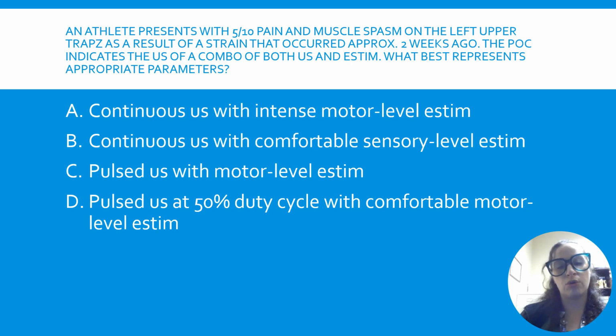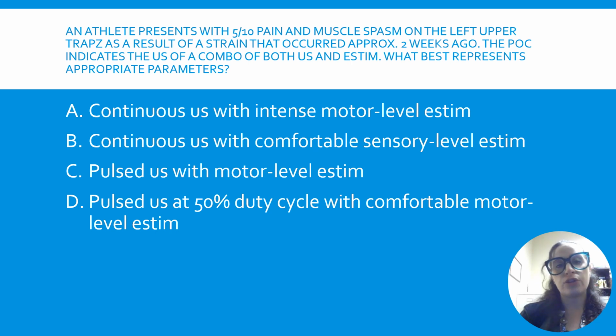It's 2 weeks ago. So I definitely want to go with continuous ultrasound for that heating effect because I can use heat. I may be cautious with it. I may not go as high, but I can use heat and should use heat. There's nothing that tells me I should not use heat, considering that it was 2 weeks ago, okay?